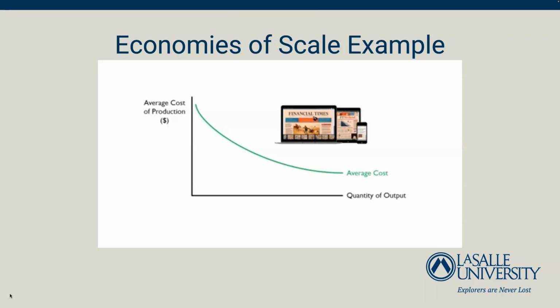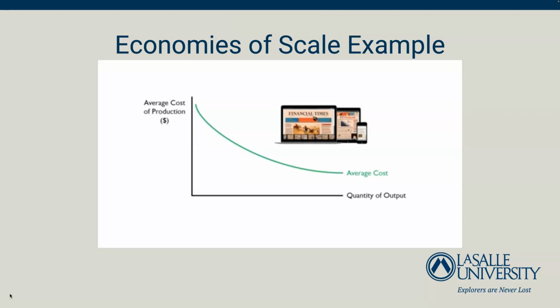And if they only have one subscriber, the average cost of production is going to be in the millions of dollars. However, as they increase the number of subscribers and they increase the number of issues printed or distributed, that quantity of output rises and they're able to divide out all of those major fixed costs across their number of subscribers and therefore reduce the average cost of that newspaper.